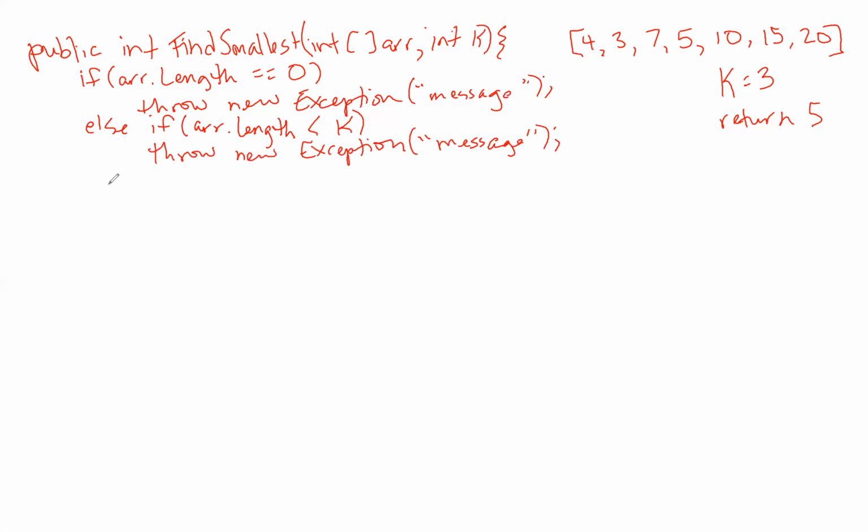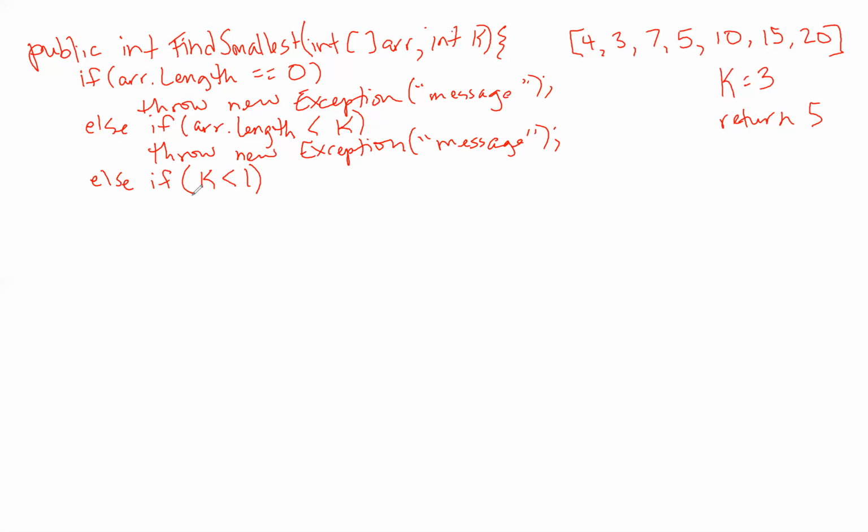And then we might want to do a check on if k is less than 1, because if it's 0 or a negative number, we wouldn't really be able to find the kth smallest element.